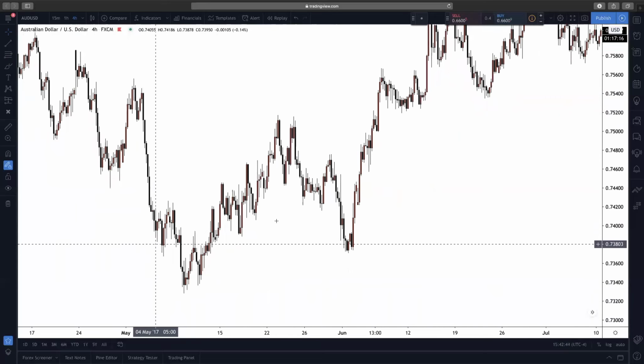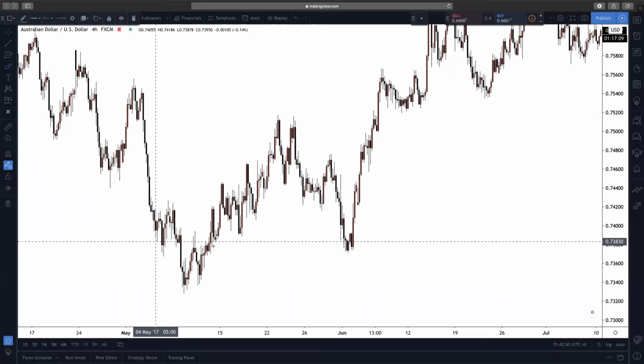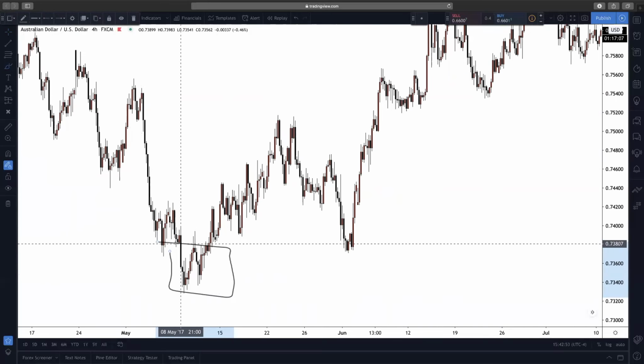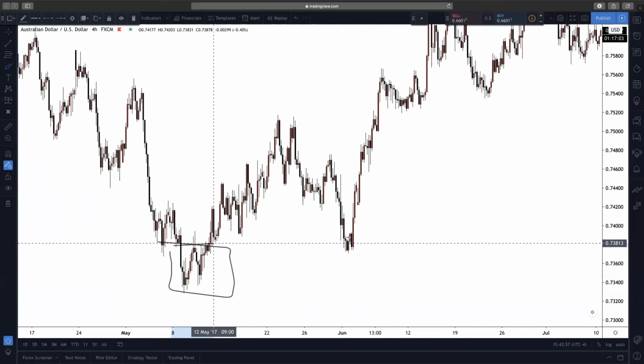Let's see. It didn't really break this market structure, so it continued down, but it didn't get to break this yet. So this seems to have proven to be a demand area. See this reaction pushed back up.